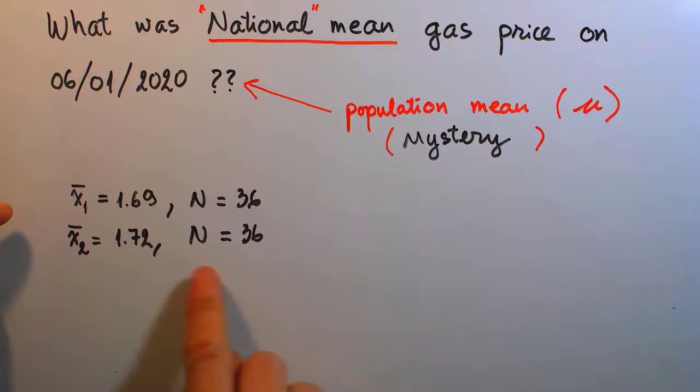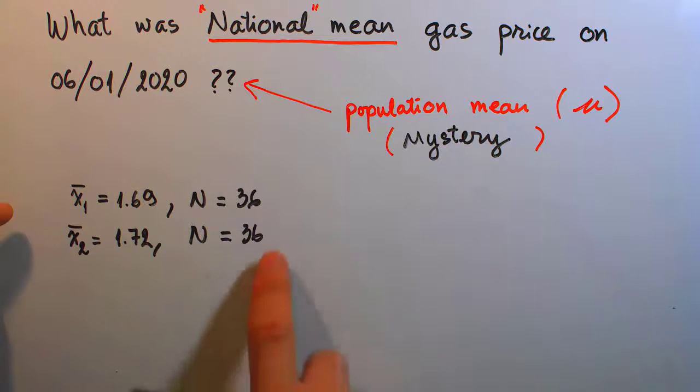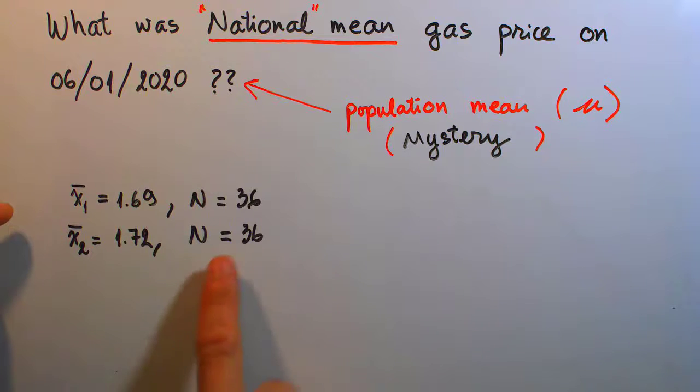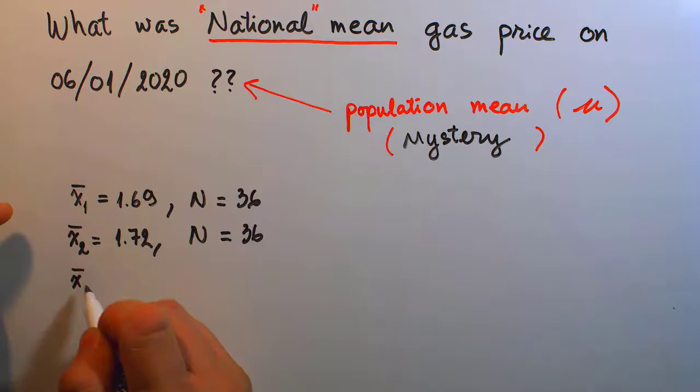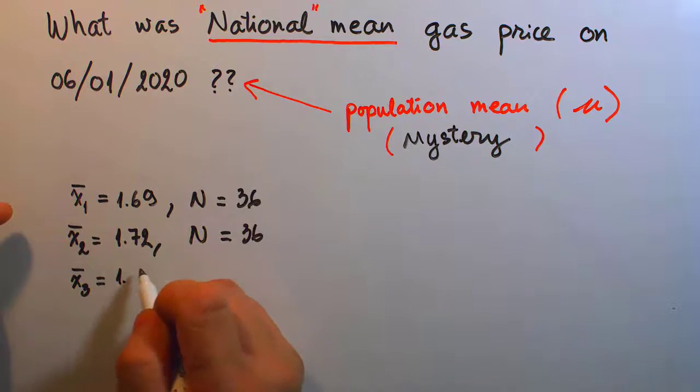And so the rule of thumb here is anytime that we are constructing a sampling distribution of mean values, then we need to agree upon only one sample size. And so I also went as far as coming up with a third sample, where my sample mean was $1.68.